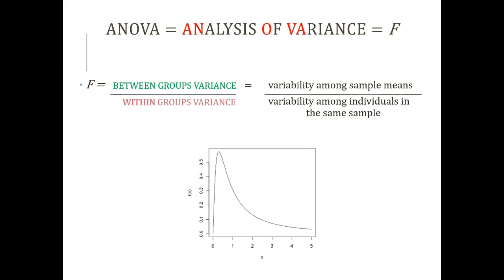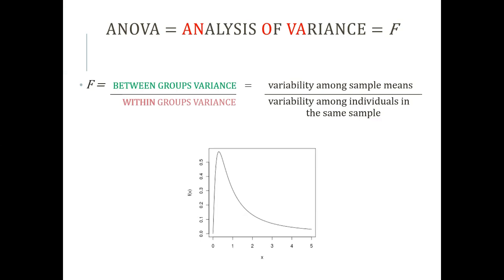Because our F statistic is a ratio of our between versus within groups variance, we're going to see that the F distribution is centered around 1 and it's positively skewed. This is because if you have no treatment effect or no experimental effect, your variability among your sample means and your variability among your individuals within the sample are going to be relatively equal to one another.